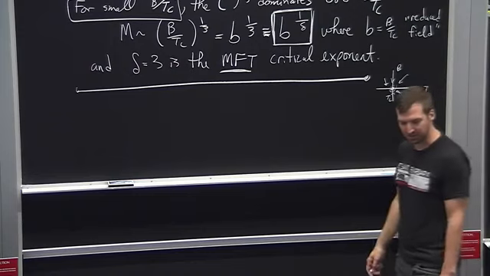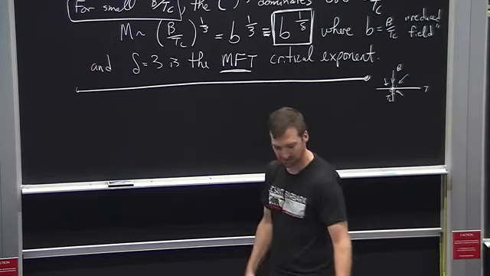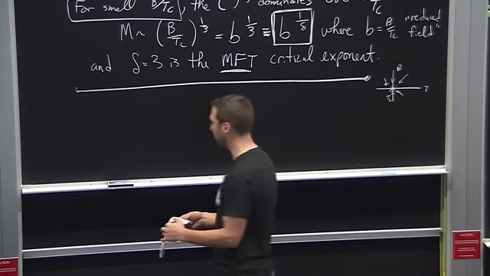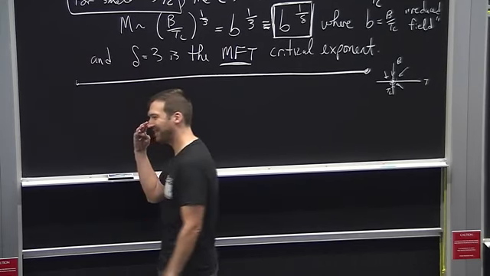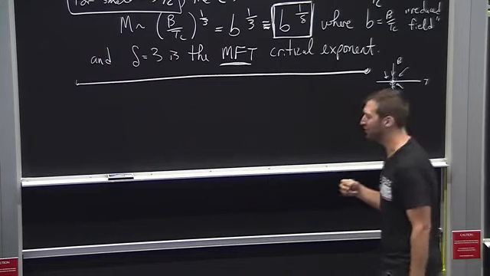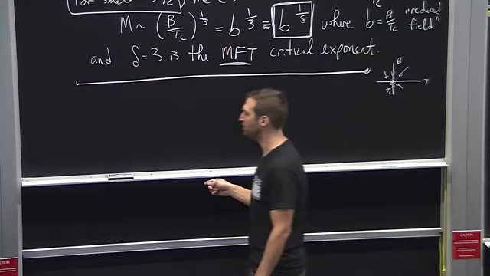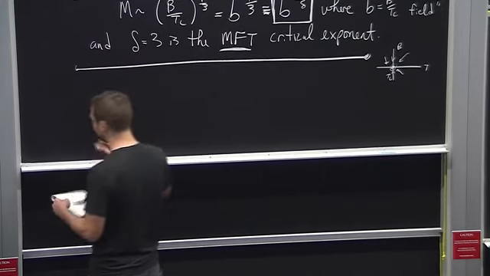The specific heat's the last one I want to do. This is the one that we'll actually encounter most in experiment, but it's also the one that's kind of most nonsensical in mean field theory.